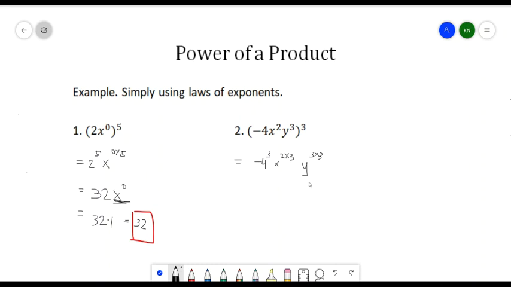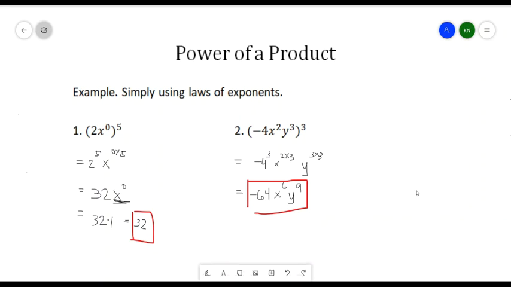So that gives us the answer of negative 4 cubed, that is equivalent to negative 64. Then x raised to 2 times 3, that is equivalent to 6. And y raised to 3 times 3, that is equivalent to 9. So this is now our final answer.